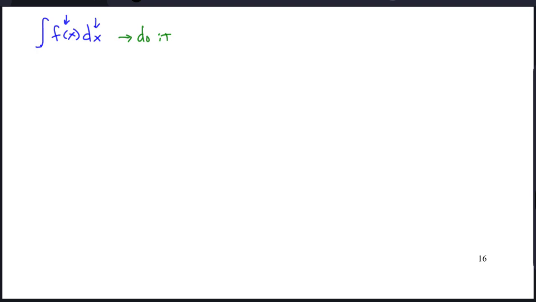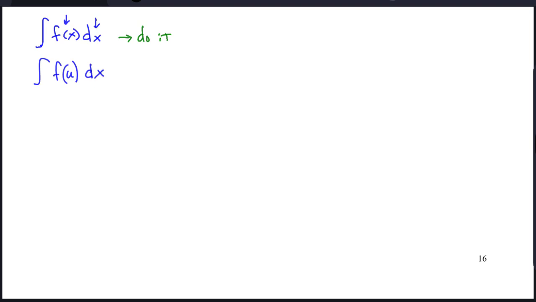We might have to work at getting the antiderivative, the big F, but there's an agreement between the function being in x and the differential being in x. Now, what about something like this one? The integral of f of u dx.